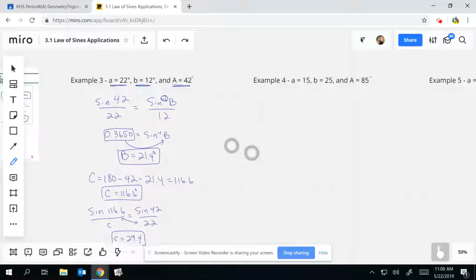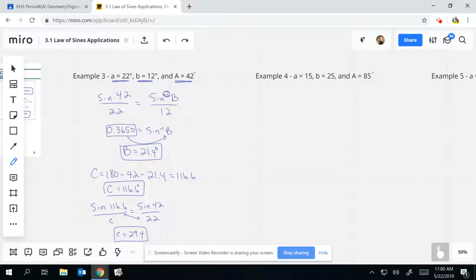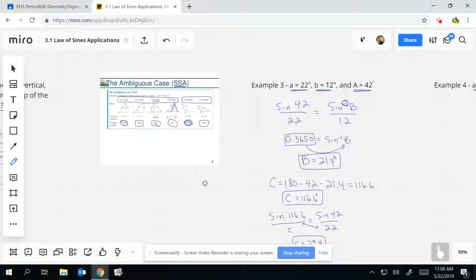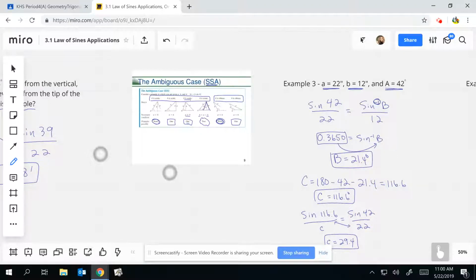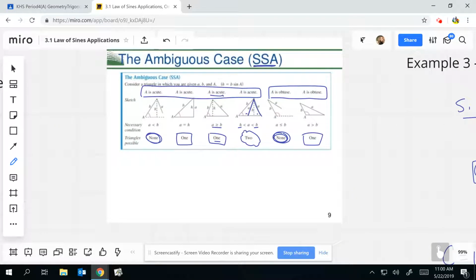When you get to number 4, this time you've got A is less than B, and A is acute. Okay, well, A is less than B right here because A is less than the height, and B is longer than the height. So this could have no solutions.